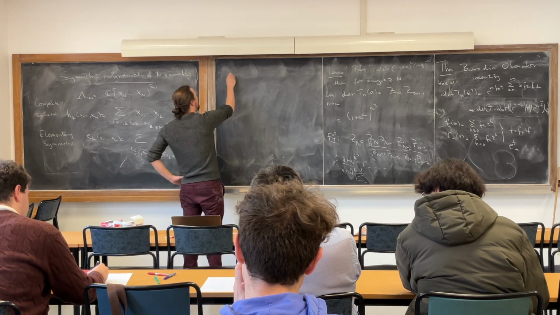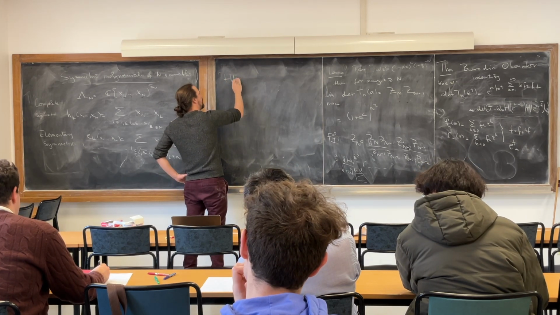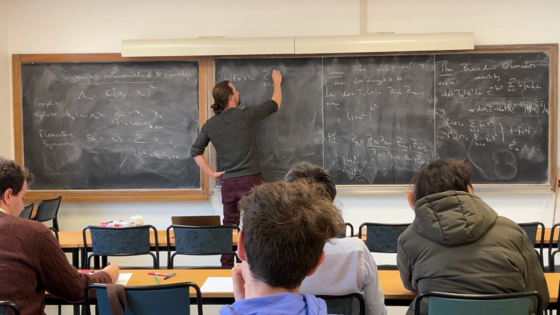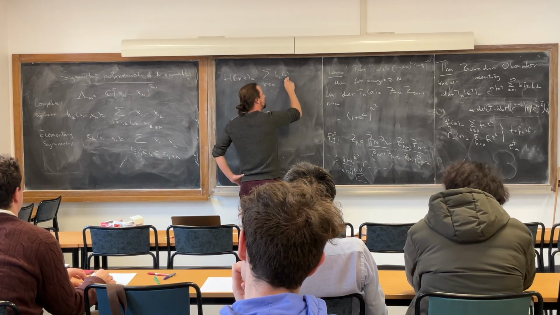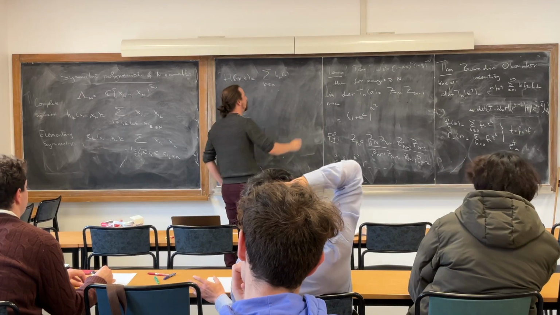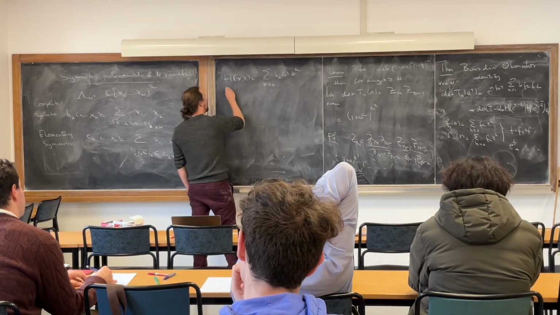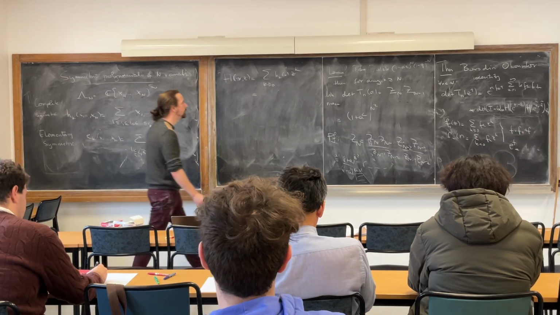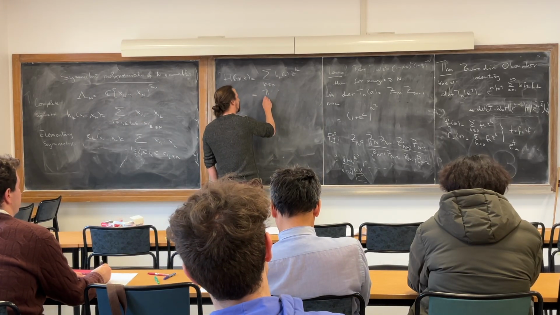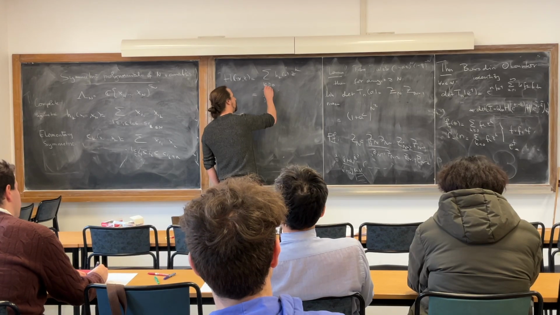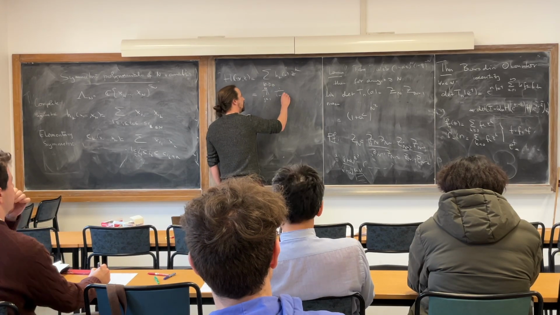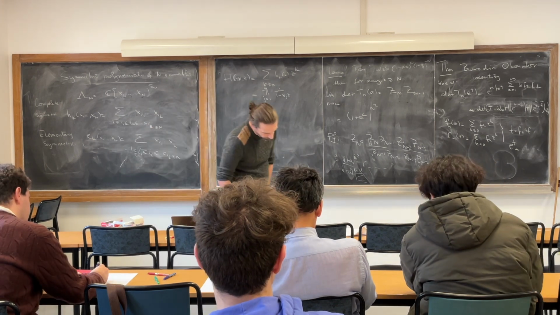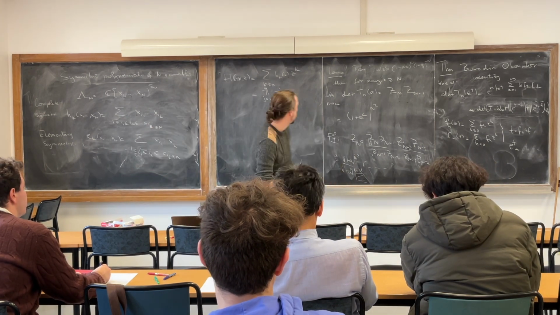If I write H_x(z), this is the sum over k ≥ 0 of h_k(x), I'll write just x but I mean the tuple, times z to the k. And then it's a little exercise for the reader that this is actually nothing else than the product over j from 1 to capital N of 1 over (1 − x_j z).